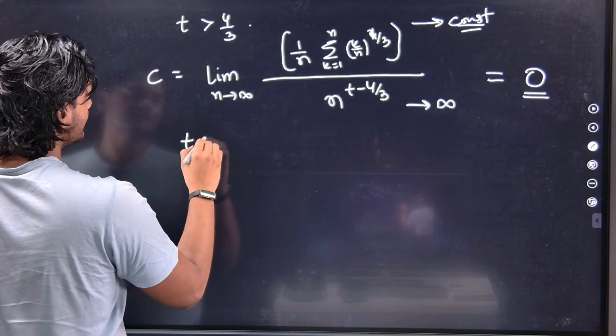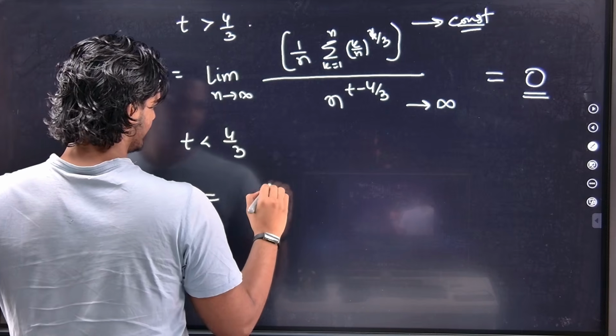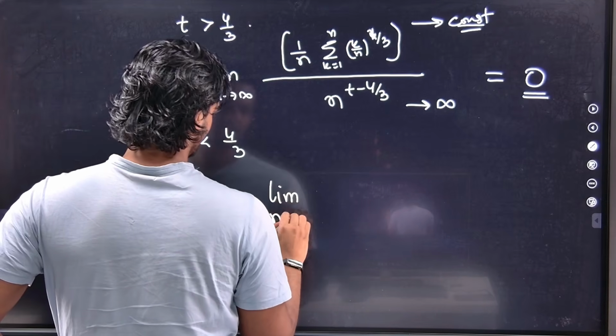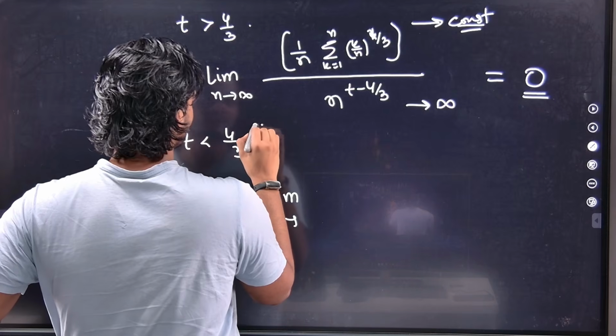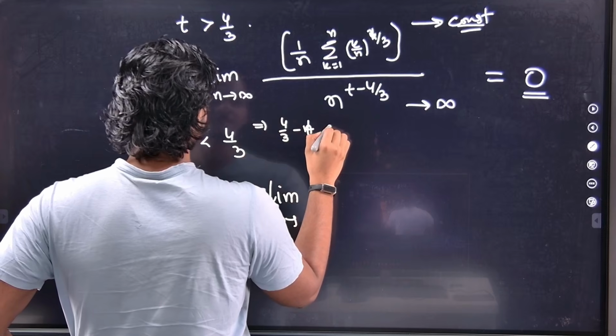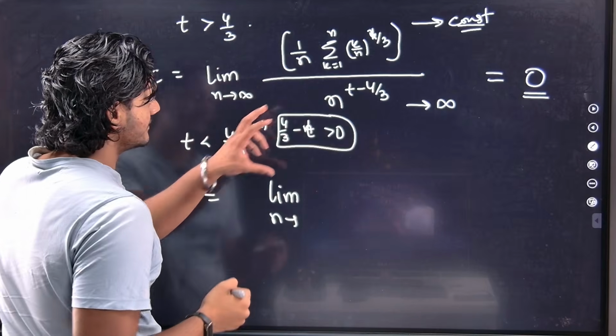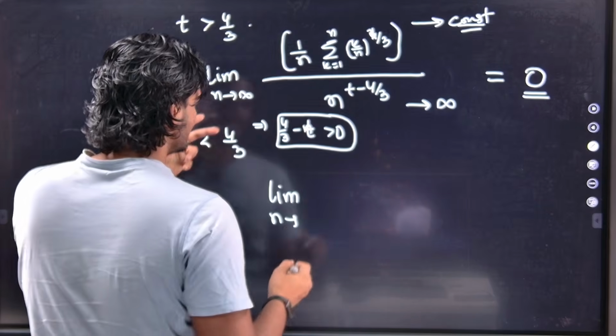What happens if t is less than 4 by 3? Then 4 by 3 minus t is positive, so instead of in the denominator, I'll write it in the numerator.